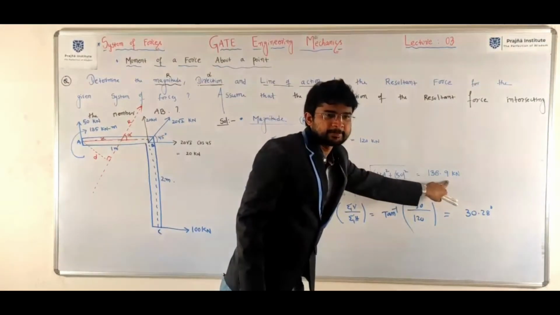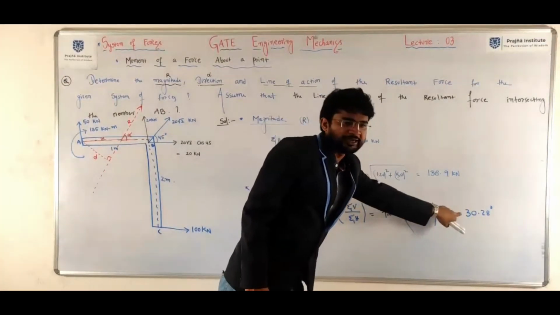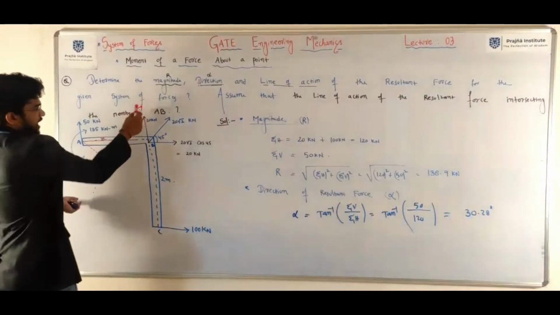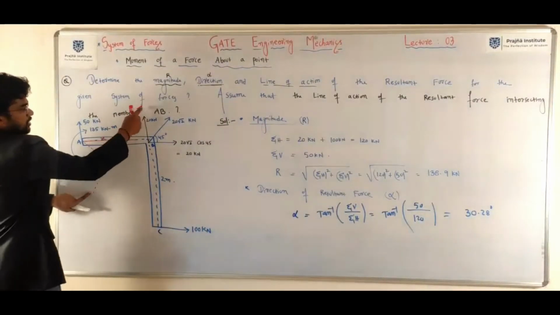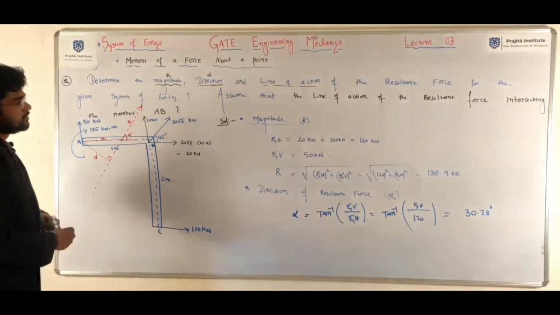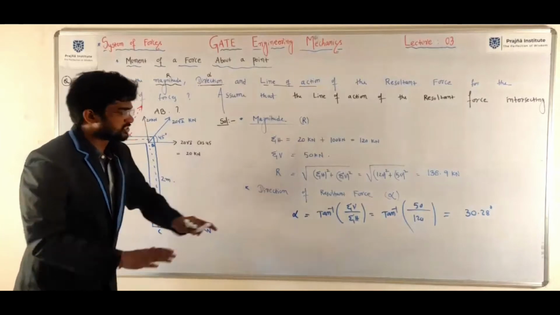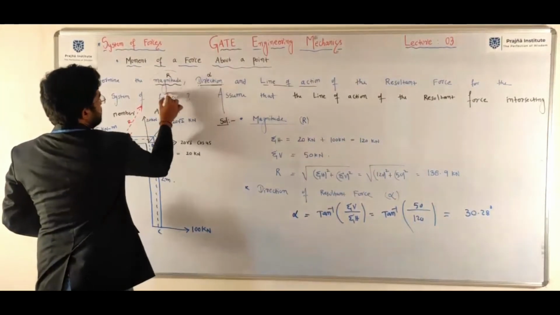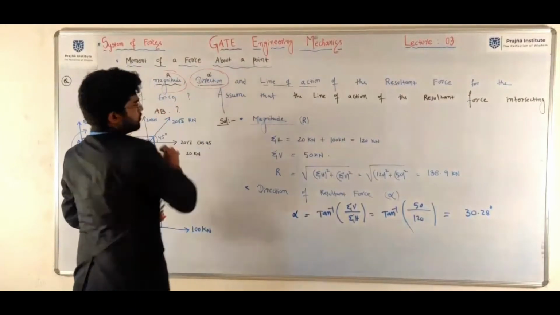Correct na? 30.28. Okay? Now, the line of action of the resultant force intersects the member AB. The magnitude and direction part was over. Any doubt so far?